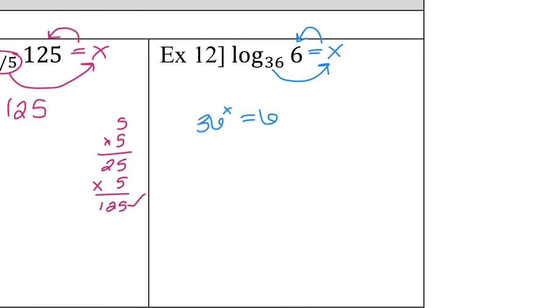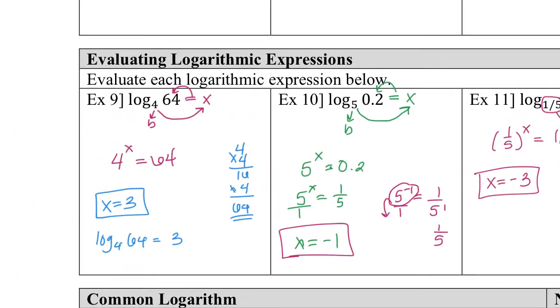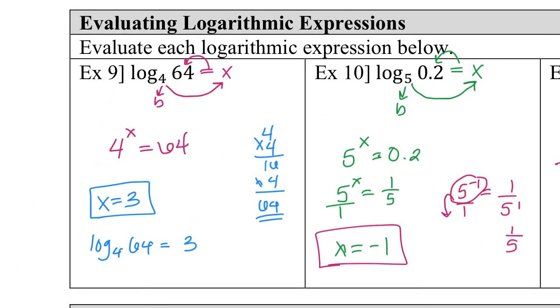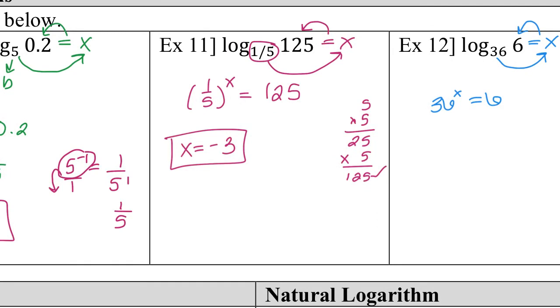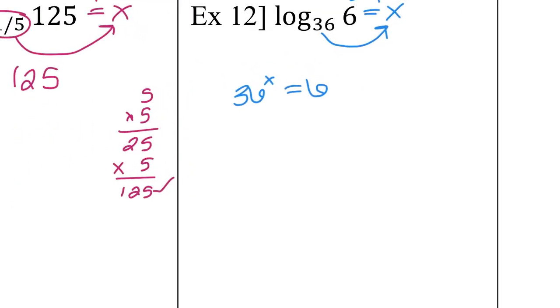We're raising something to a power. I need to get from a large number to a small number. Now, if you noticed, whole numbers in the exponent make my numbers larger. So if I raise something to a 3, I get a bigger number. Even on example 11, 3 gave me a larger number.